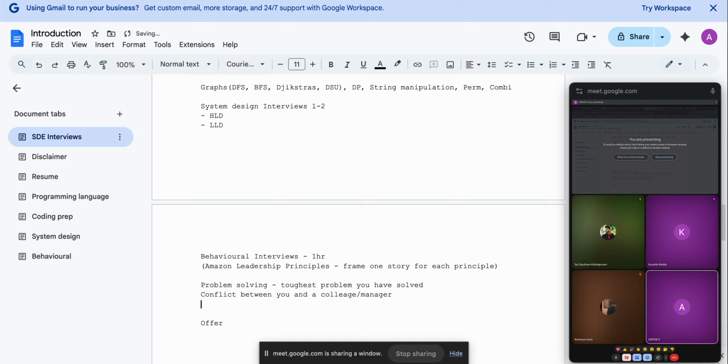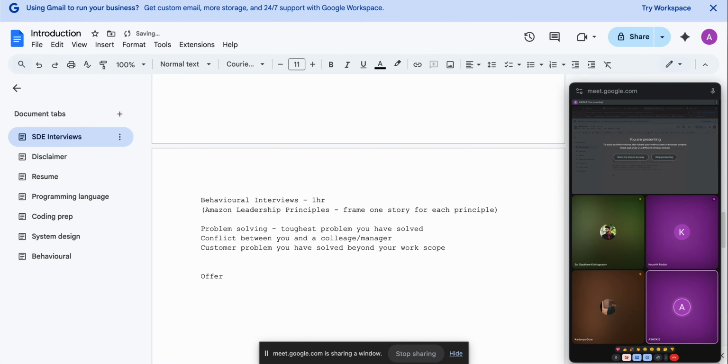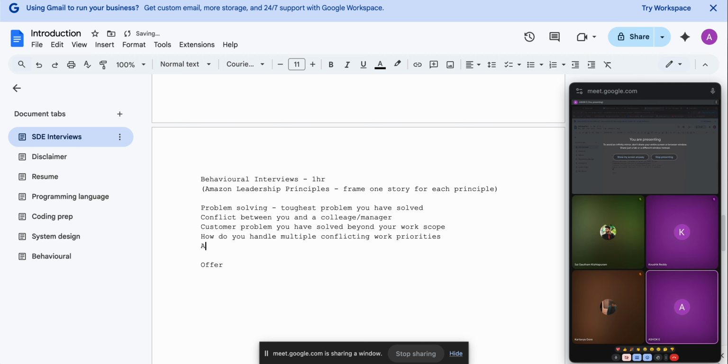And then any customer problem you have solved beyond your work scope, right? And then how do you handle multiple conflicting work priorities, right? I think these four things you can focus on, right?